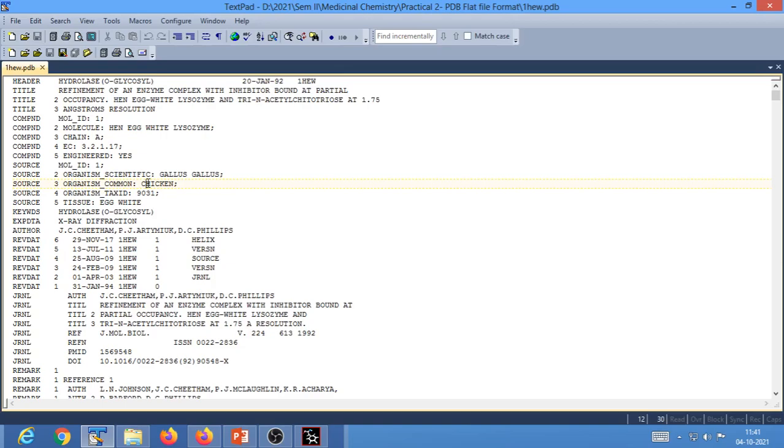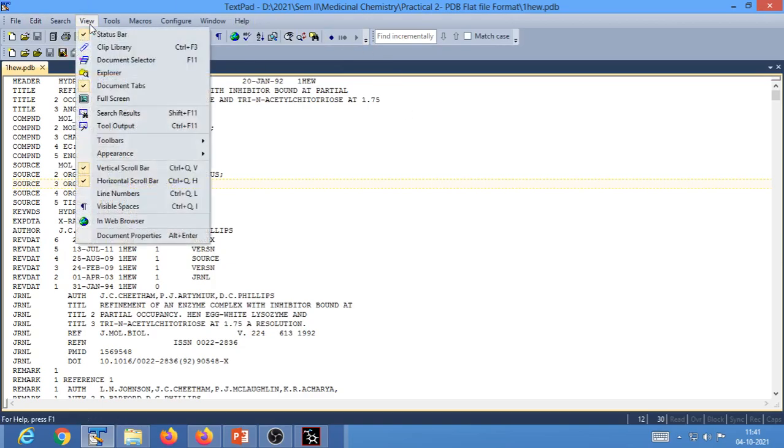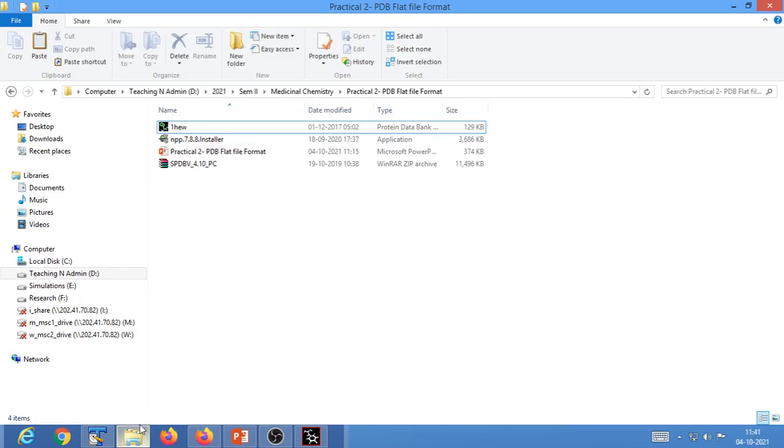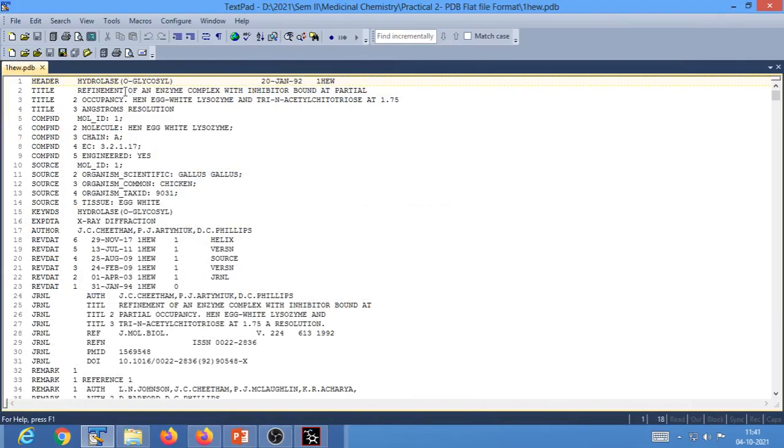Let us view the line numbers. For the sake of simplicity, the PDB file that we would be dealing with most of the time in our practical session belongs to an enzyme called lysozyme.